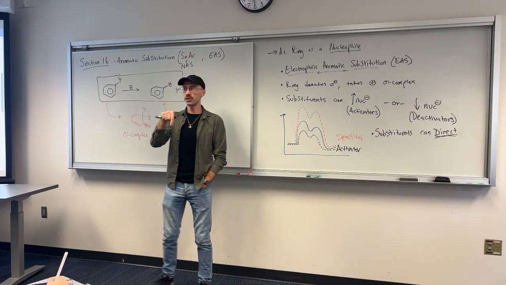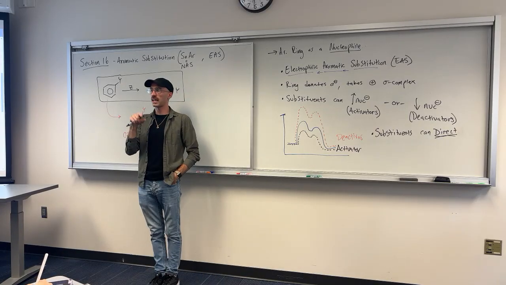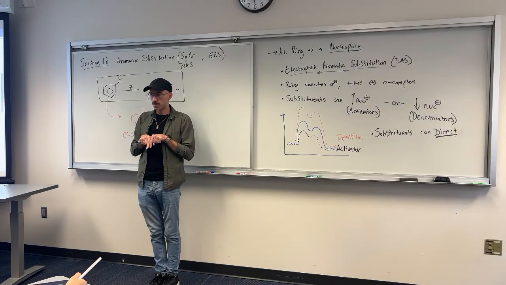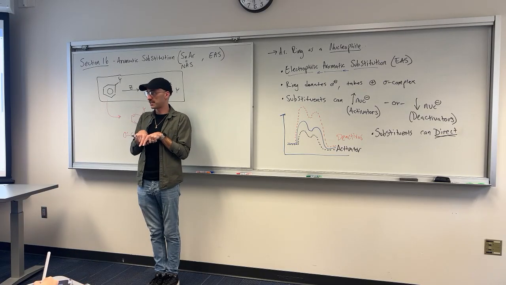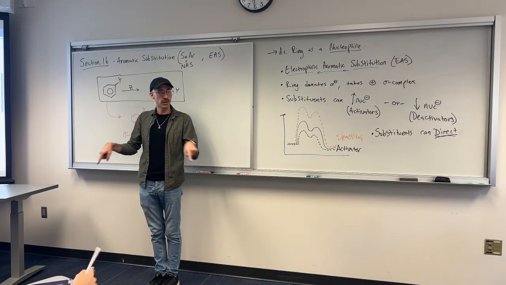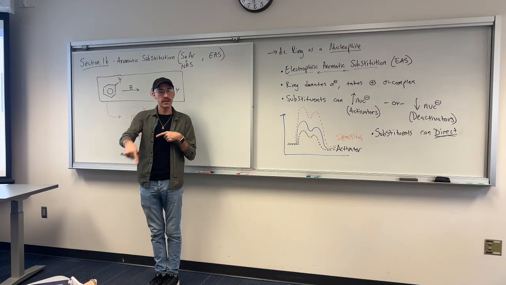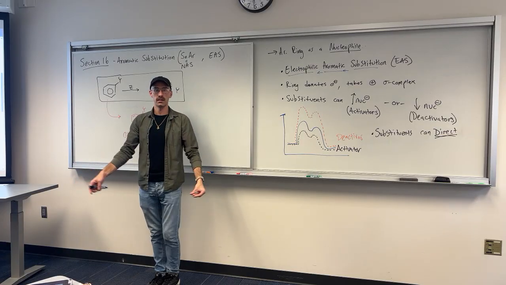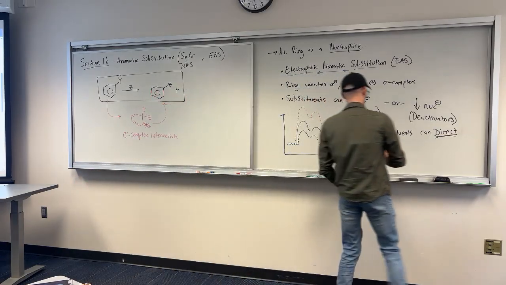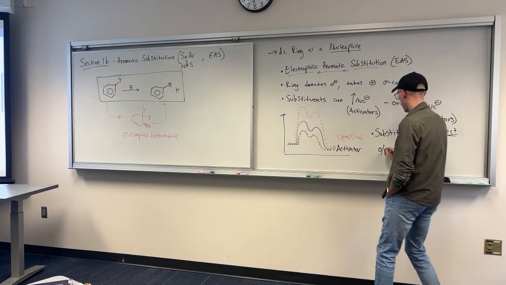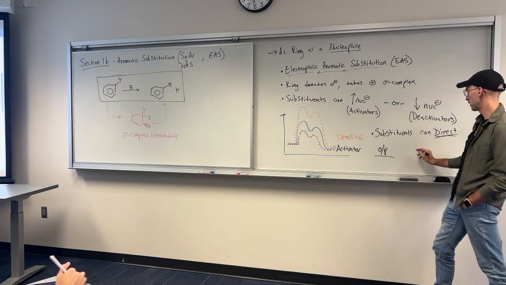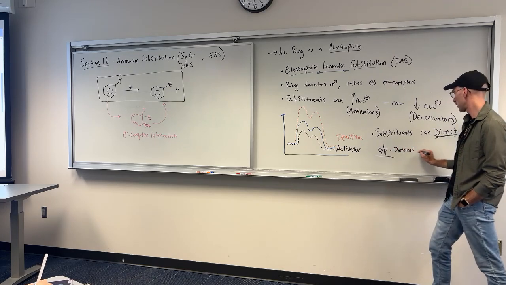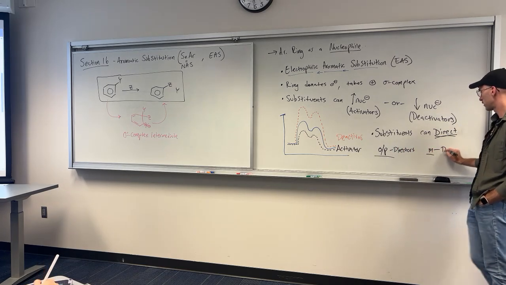A certain substituent can make the ring a better nucleophile to positions relative to itself, to positions that are ortho and para, or to positions that are meta. So we develop ortho-para directors and meta directors.